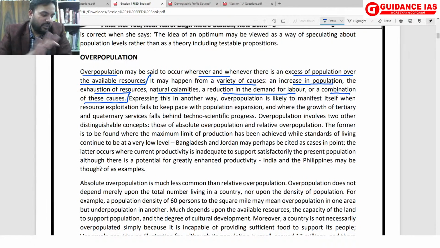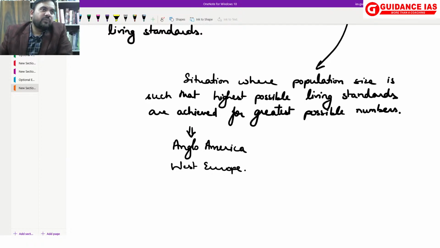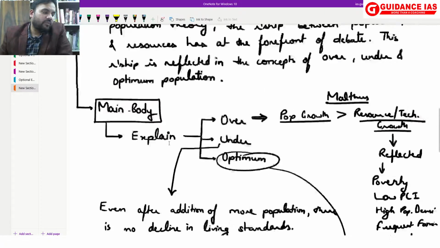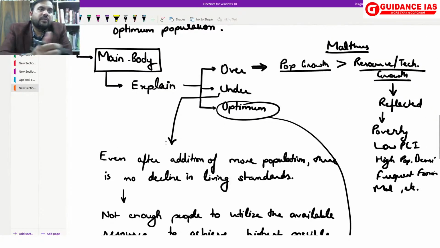See, this material is more bookish. When we are writing our answers, we don't have this much space. So when we were describing overpopulation, we simply said, when resource growth is unable to keep pace with the population growth, then the situation of overpopulation is said to arise.